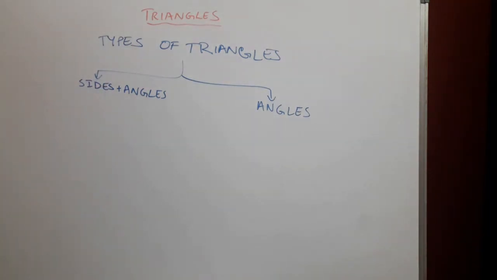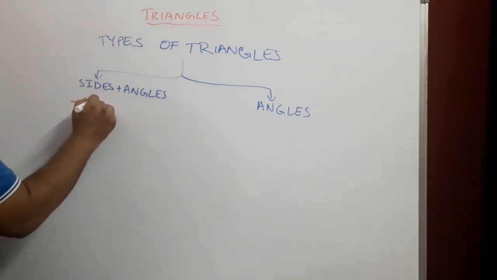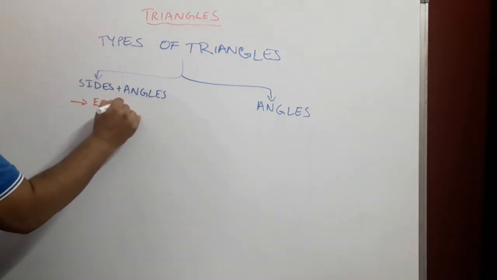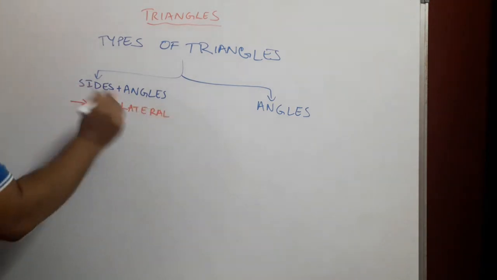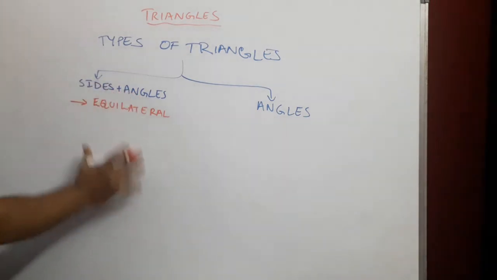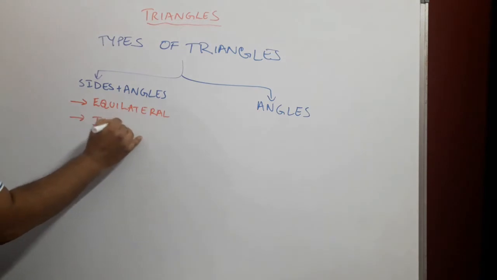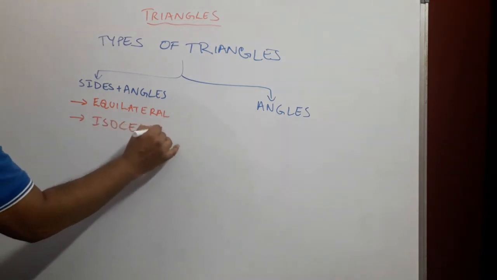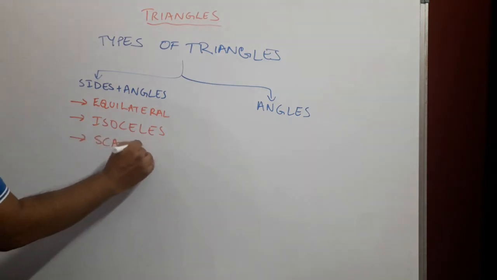Under sides and angles you will have three types. The first one will be the equilateral triangle. We'll look at each of them in detail, but first we'll just list them down. Equilateral triangle, then you have the isosceles triangle, and you have the scalene triangle.